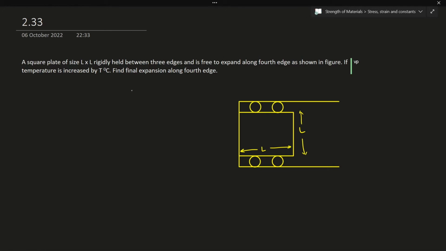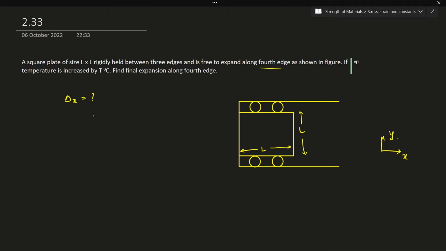We have a square plate of size L into L rigidly held between three edges and free to expand along the fourth edge as shown in the figure. If the temperature is increased by T degrees Celsius, find the final expansion along the fourth edge. Now if I take the directions as x and y, we'll have to calculate delta x.